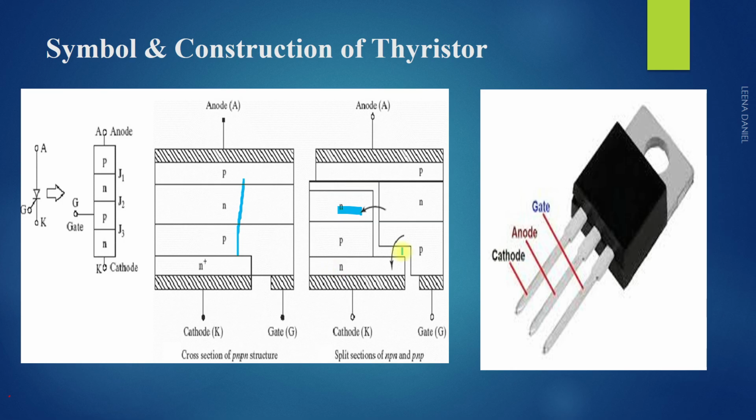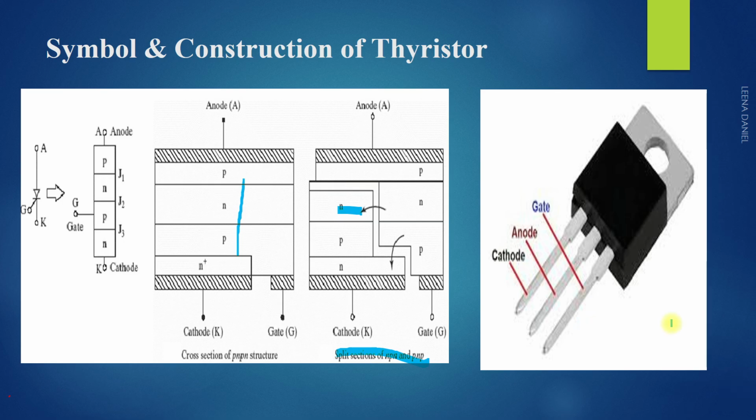NPN is one transistor and PNP is the other transistor. So this shows the split section of NPN and PNP transistor. We can say that the thyristor can be made up by connecting two transistors, one NPN and another PNP.